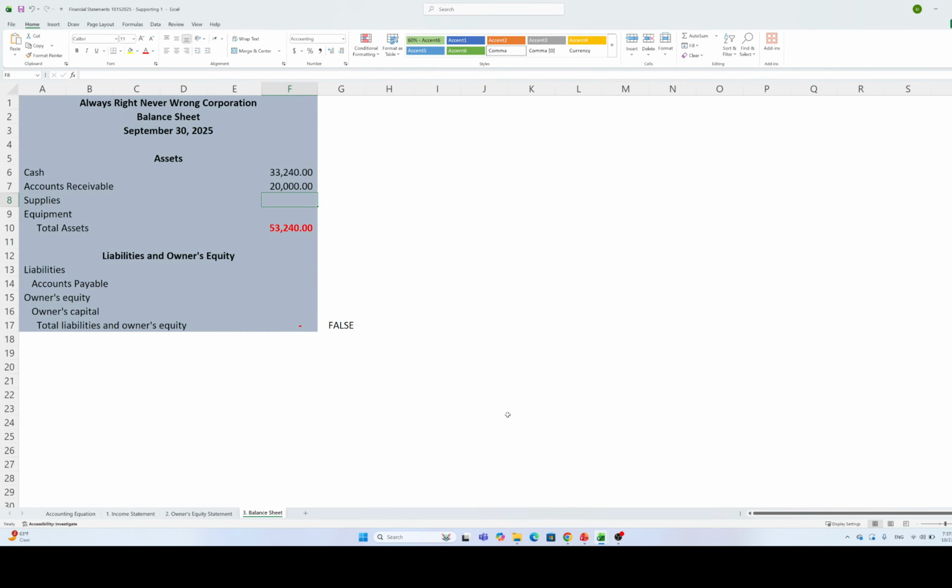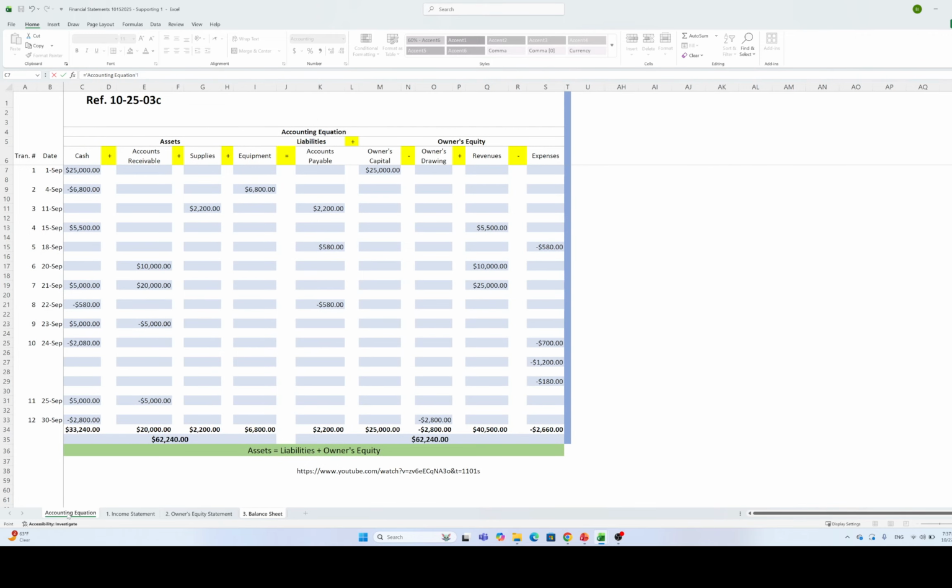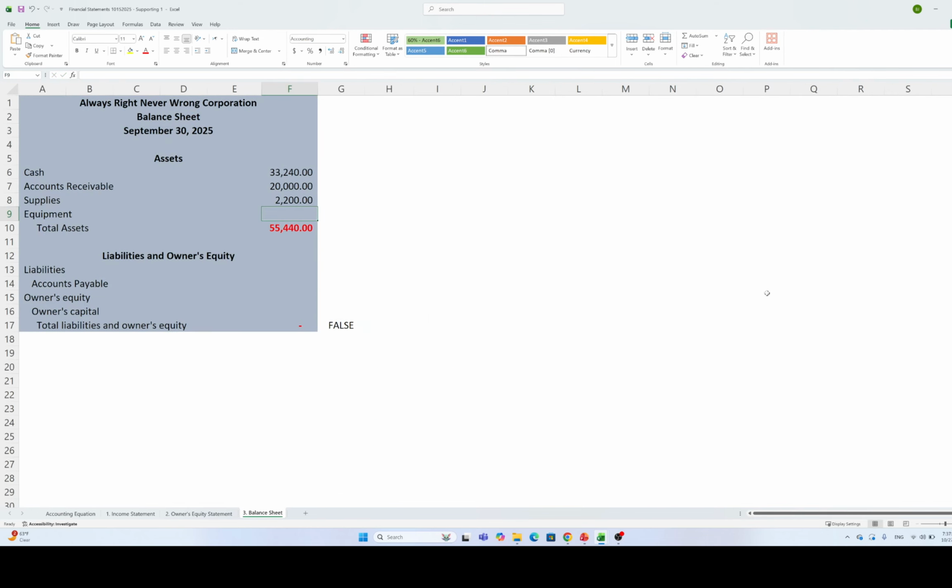And then followed to that we have supplies, and then we go to account equations, and in the supplies column we only had one transaction. We just copy the balance, which is $2,200, and then followed to that we have equipment.